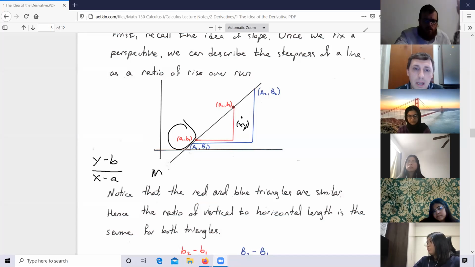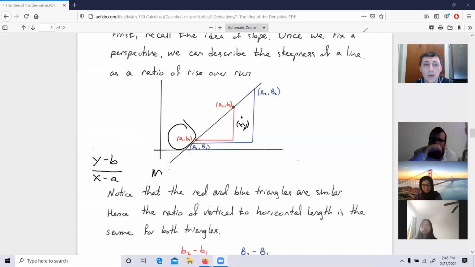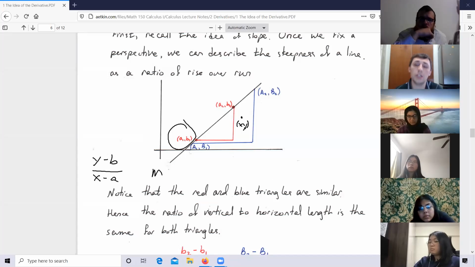Here is the question: m is the slope of my original line, and (x, y) was selected below the line. What would be the relationship of (y minus b) over (x minus a) to m? Are they equal? Are they not equal? Is one bigger? Is one smaller? Tell me.